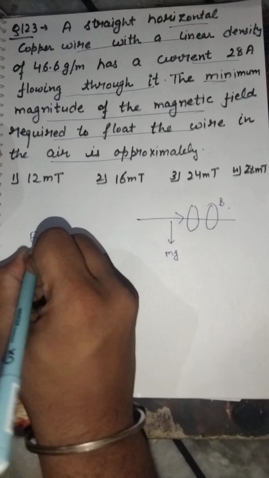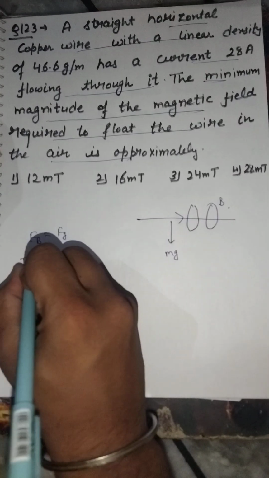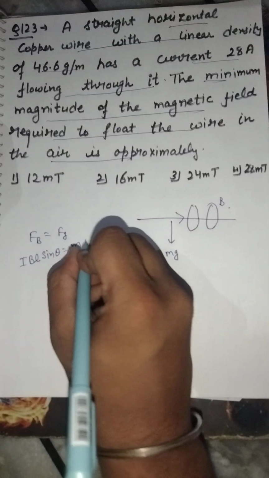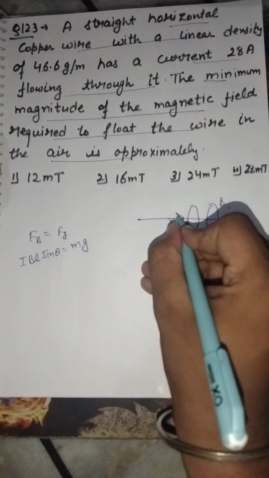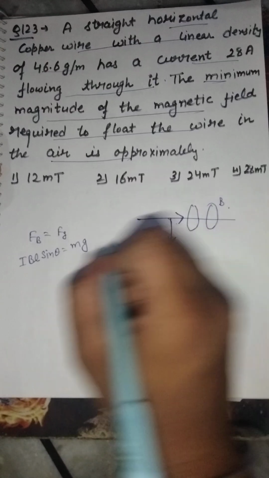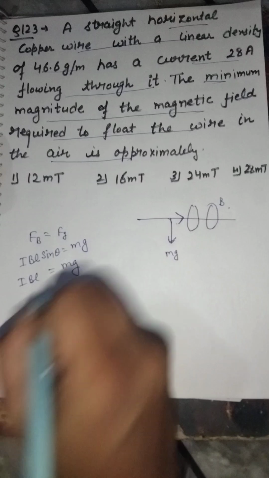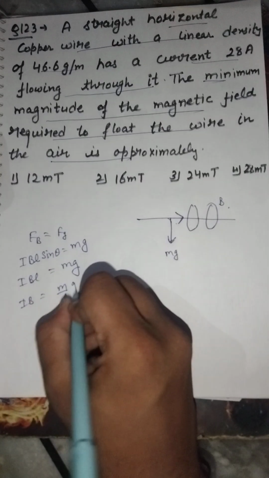So F_B is balanced by F_G. F_B has formula I B L sin theta and F_G is mg. Our current is going in this direction and the field is perpendicular, so sin theta is 90. IBL is equal to mg. IB is equal to m by L into g.